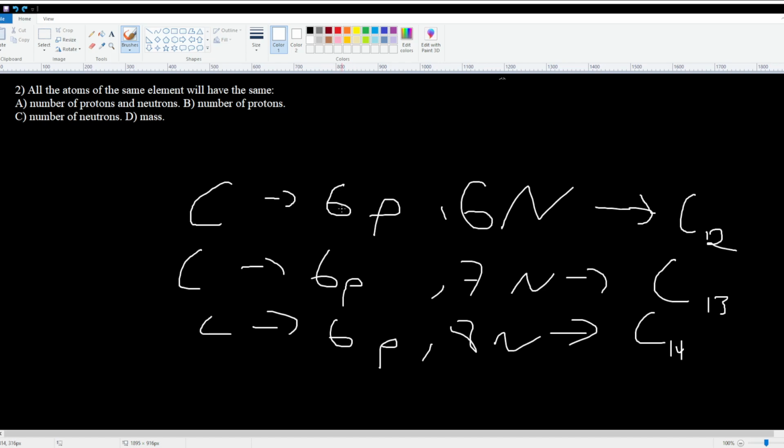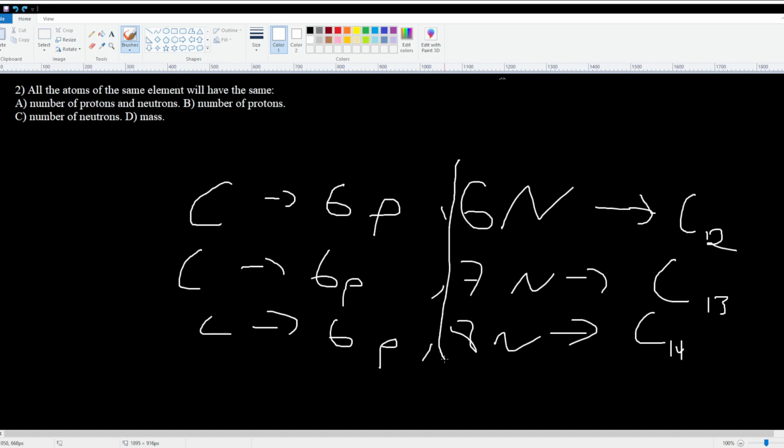Because changing the number of protons is equivalent to changing the element. The number of protons is equal to the atomic number. So atomic number equals number of protons. If we keep that in mind, that means that if we change the number of protons, then the chemical properties of the element also change.